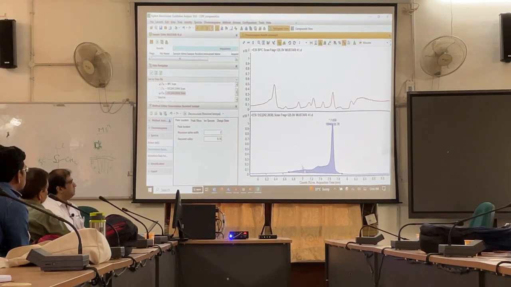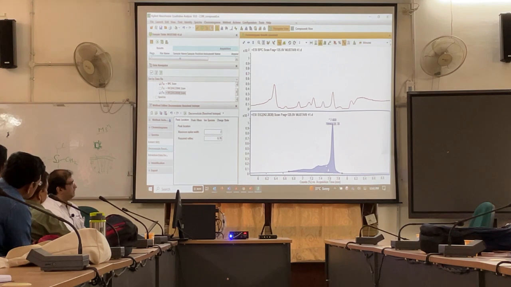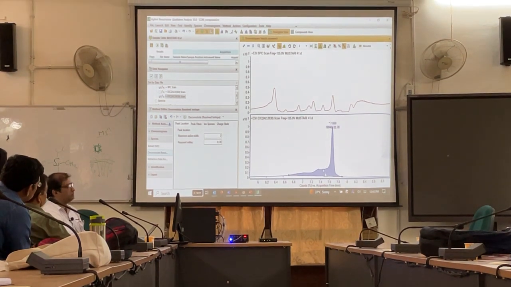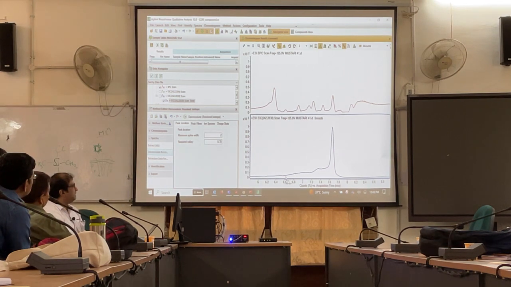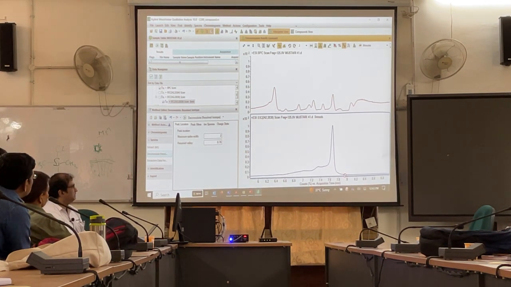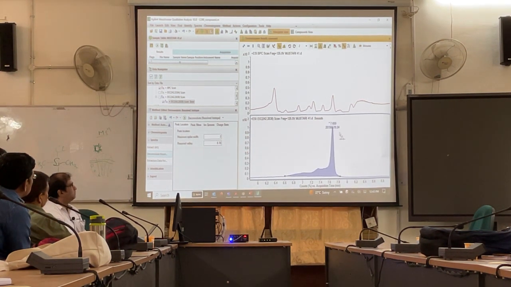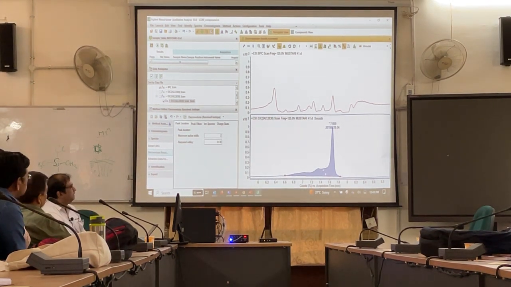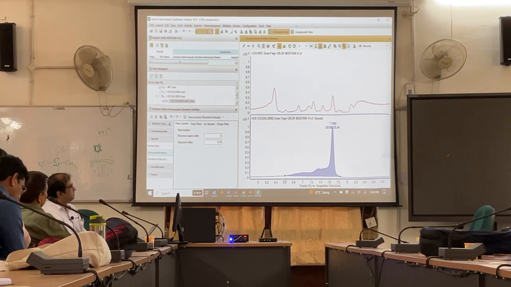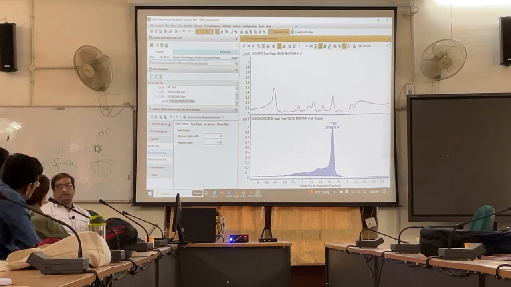Now if you see this is not corrected, like there is a lot of spike and it is not smooth, I can right click and say smooth chromatogram, and then I can establish the area. Again the area will change because after smoothing something will go down, right? And this is the effect which he was mentioning, fronting and tailing.